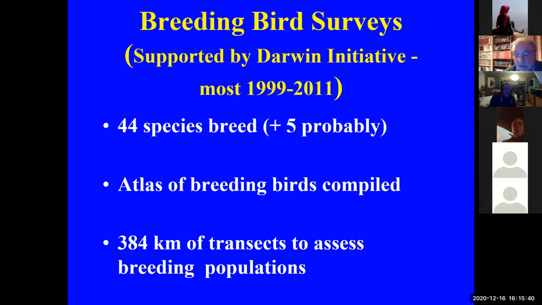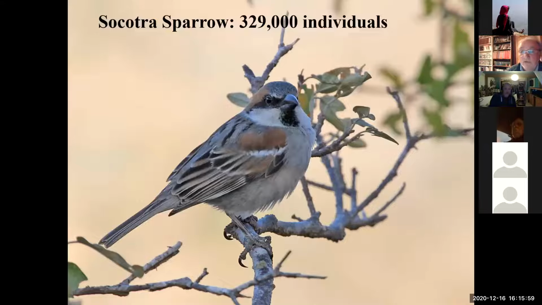And all this was done largely by line transects across all habitats, altitudes, across the island, and 384 of them, which helped to determine the breeding bird populations. So what did we learn from these surveys?